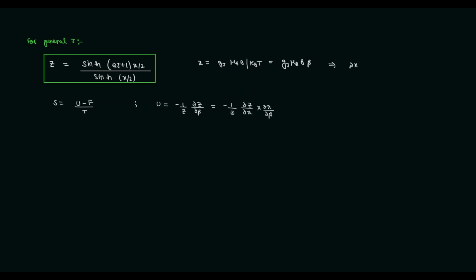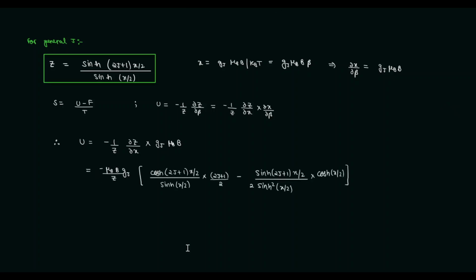And from this relation we can calculate del x by del beta as g_J mu_B B. So the internal energy will be given by 1 divided by Z times the partial derivative of Z with respect to x times g_J mu_B B. If you differentiate the partition function with respect to x and simplify by substituting the value of Z, then you will get U as this. Let's call this equation 1.